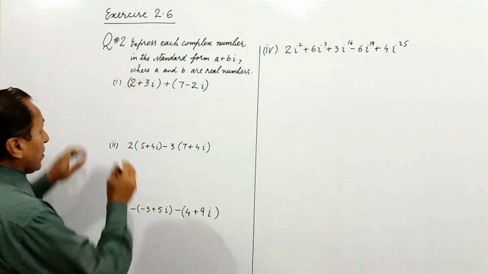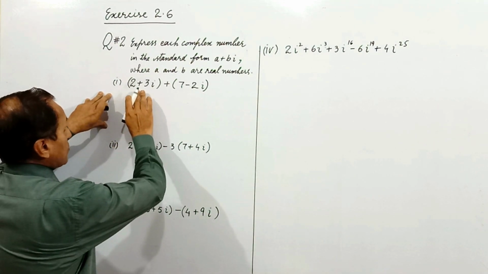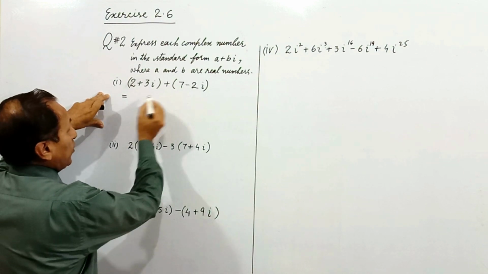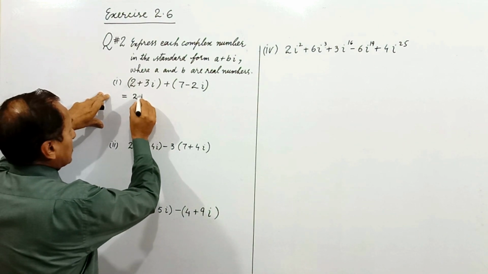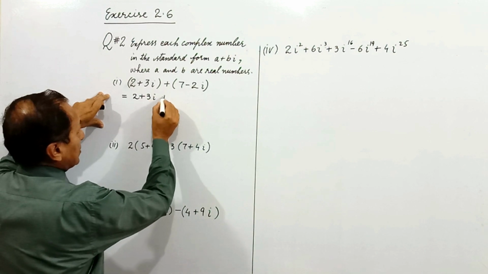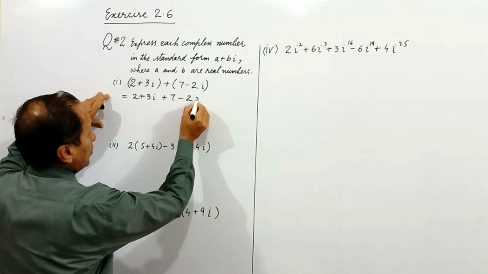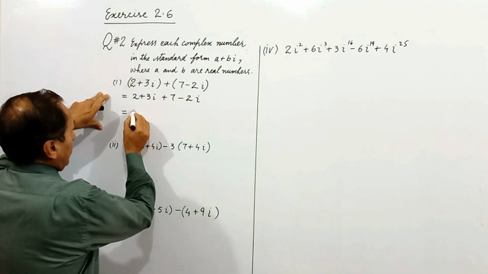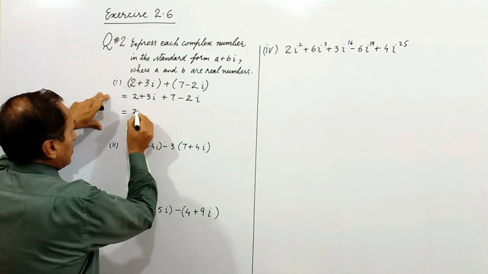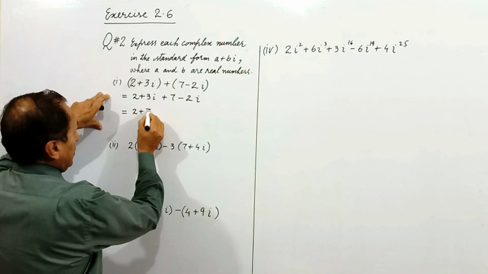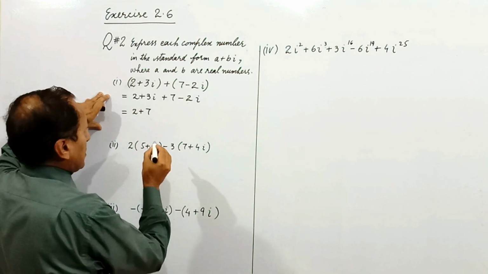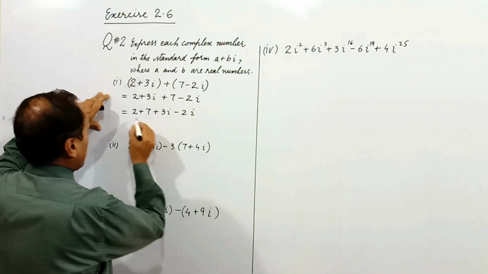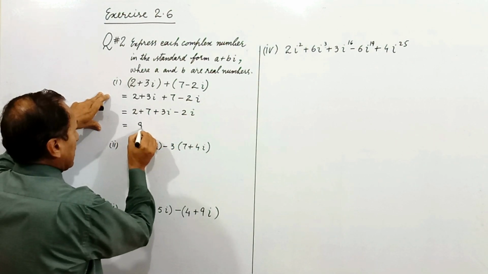Part 1. In this, we have to find the sum of the two complex numbers. First of all, we open the brackets: 2 plus 3 iota plus 7 minus 2 iota. Real parts we write together according to the concept of like terms, plus 3 iota minus 2 iota. 2 plus 7 is equal to 9.